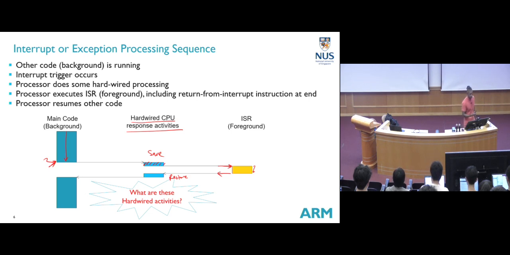So that is the restore portion of it. When you say restore, what do we mean? We need to take back whatever we saved, put it back into the appropriate registers, and then I continue from where I left off.